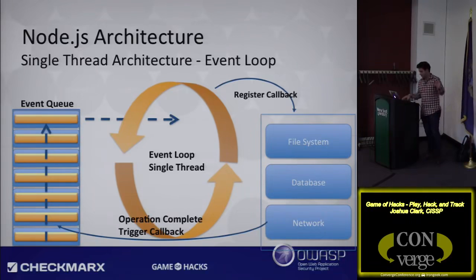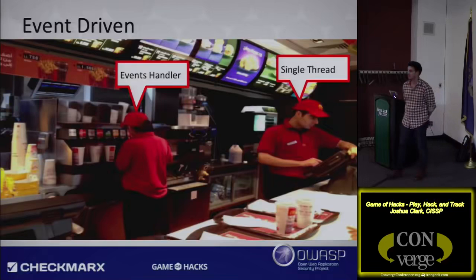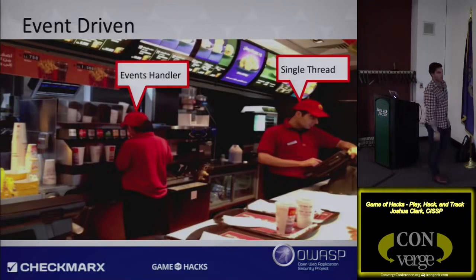Now, that's a pretty technical overview of the framework. But I like to use this example, which I think is more straightforward for folks. Think about a fast food restaurant. Say you go to McDonald's, or my favorite, Burger King.